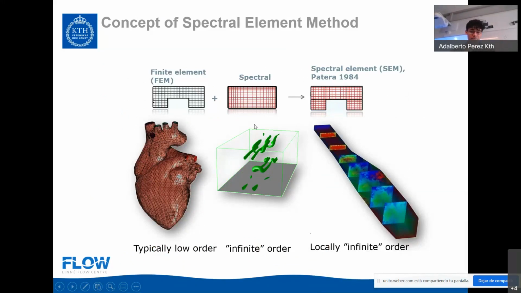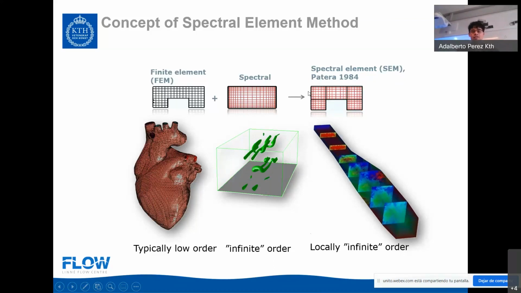On the other hand, we have the spectral methods, that are typically considered an infinite order discretization. The more points you add, the higher the order you get of the discretization. But then you are limited to very simple geometries. Here we have a cube or a rectangle in 3D, that sort of geometries.